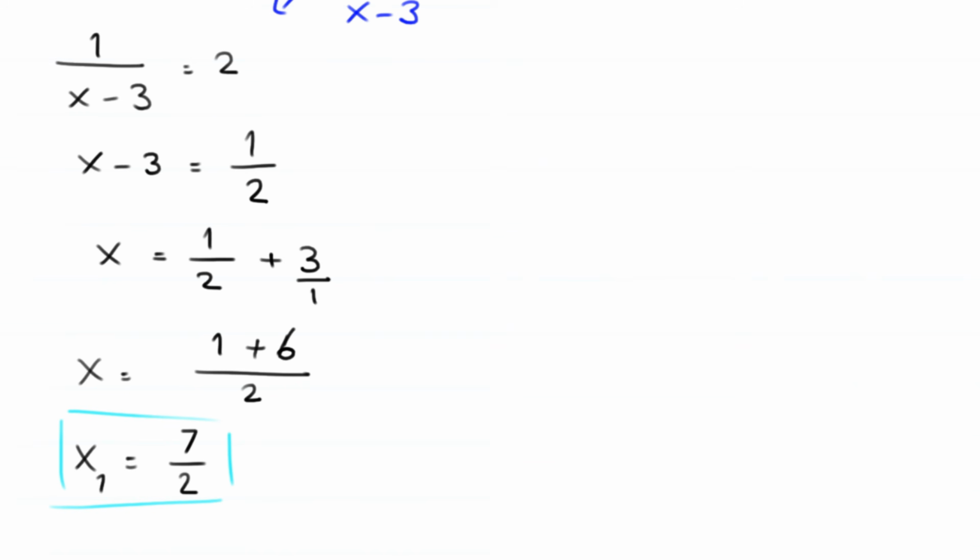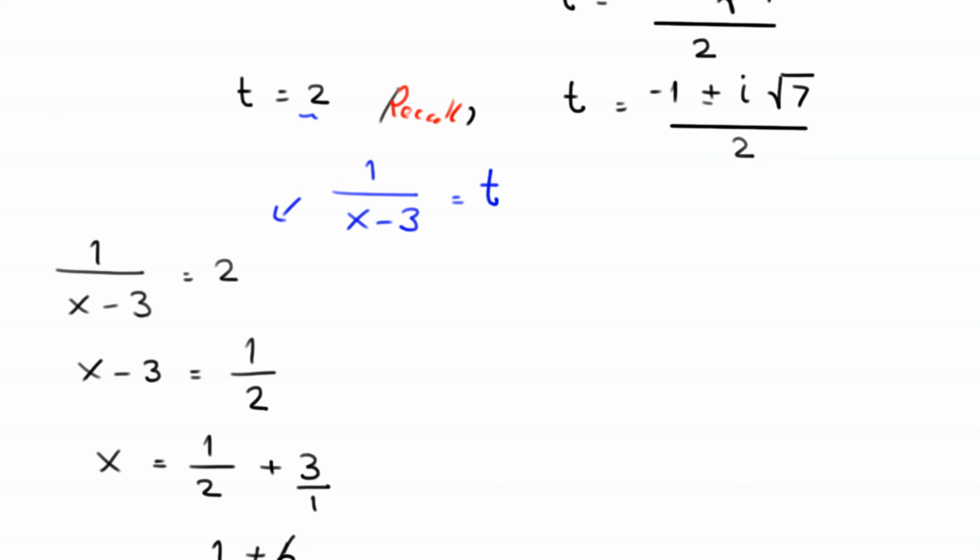Now we solve the second case. In the second case t is negative 1 plus minus i times root 7 over 2. So this will become 1 over (x minus 3) equal to negative 1 plus minus i times root 7 over 2.